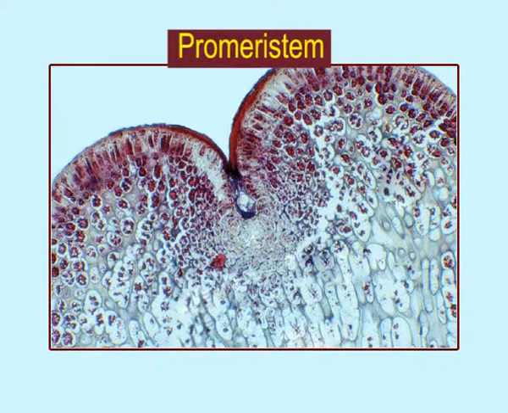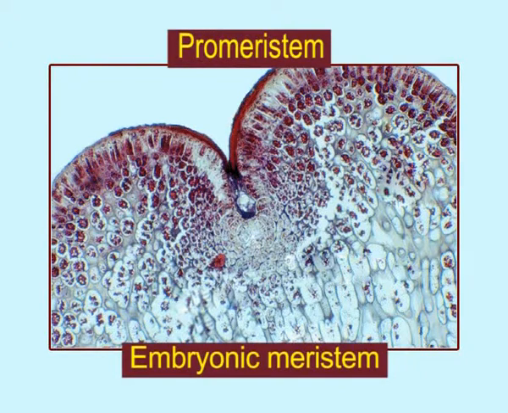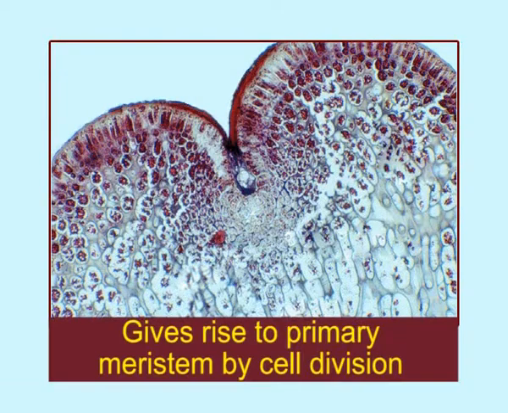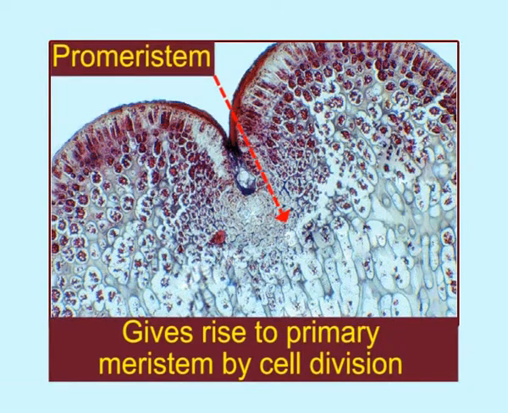Promeristem or primordial meristem. It is also called embryonic meristem as it originates from embryo. It occurs at the tip of stem and root. It gives rise to primary meristem by cell division.